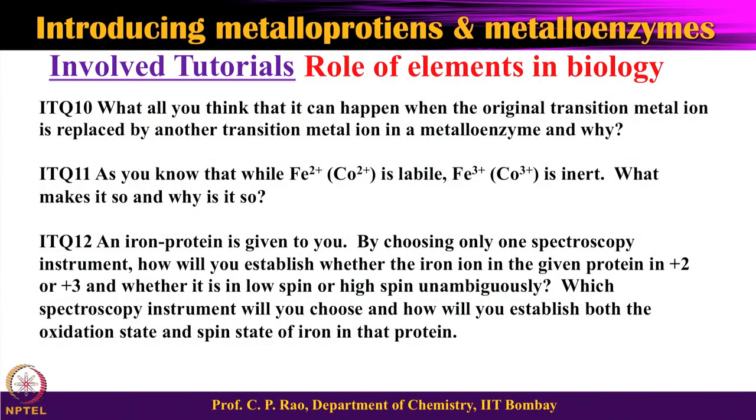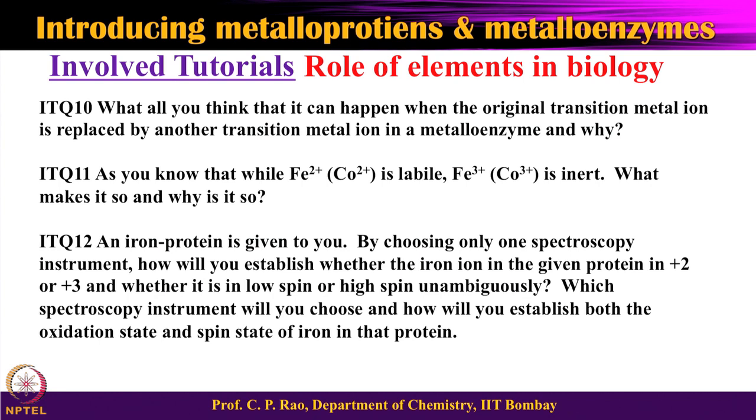As you know, lability can be identified from the crystal field stabilization energy of the ground term minus the crystal field stabilization energy of the activated complex. If this is positive, it is labile; if this is negative, it is inert. Also, it depends upon the spin state and the size of the ion.